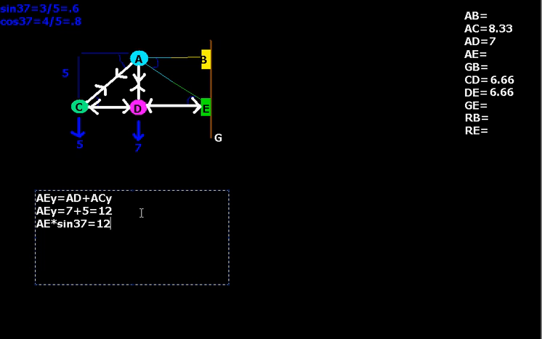Okay, hopefully that's clear. So then we get that the diagonal times, what's the sine? The sine is 0.6. So the diagonal times 0.6 equals 12. So then if we divide both sides by that 0.6, we get 12 over 0.6, and that's what? Handy dandy calculator.